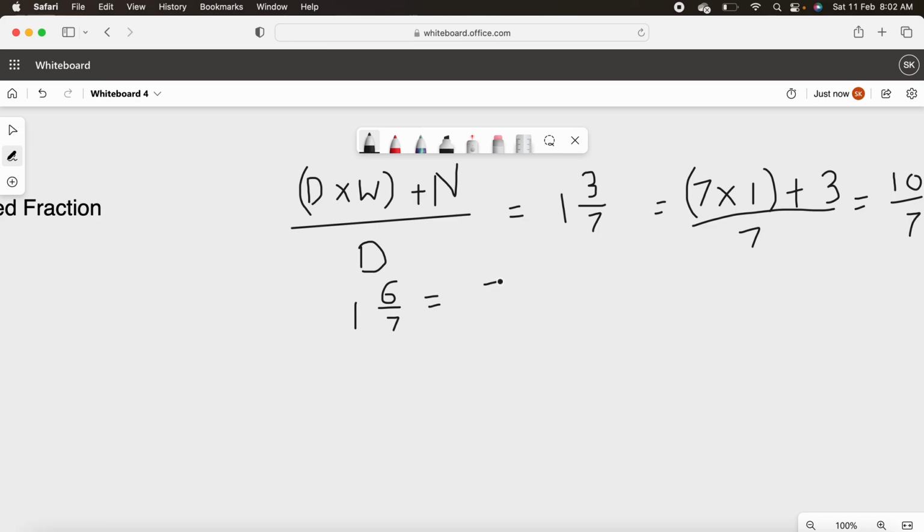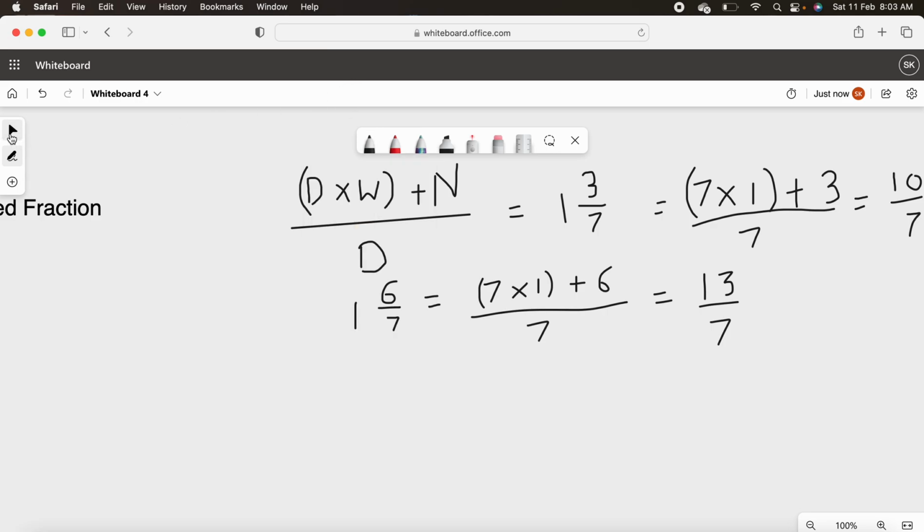Insert here 7 into 1 plus 6 by 7, which is nothing but 7 plus 6. 7 times 1 is 7, plus 6 is 13. 13 by 7. So you need to replace 1 3 by 7 by 10 by 7 and 1 6 by 7 by 13 by 7 and add them here.